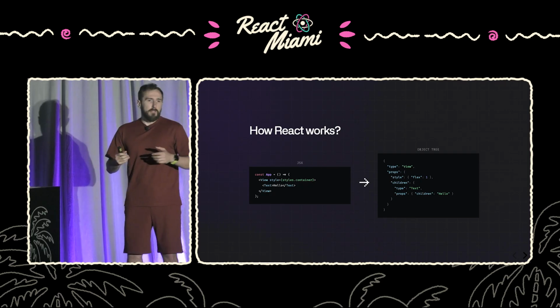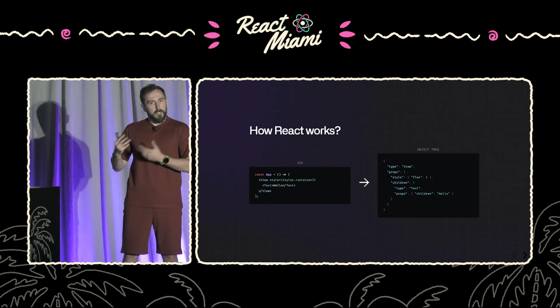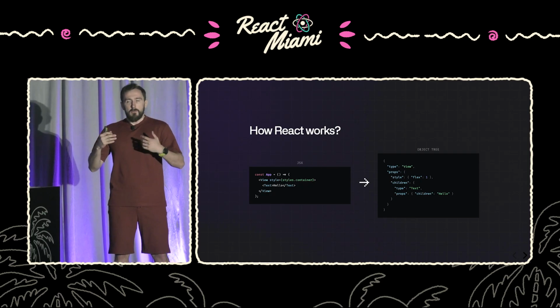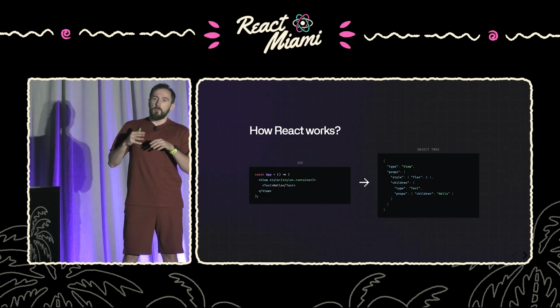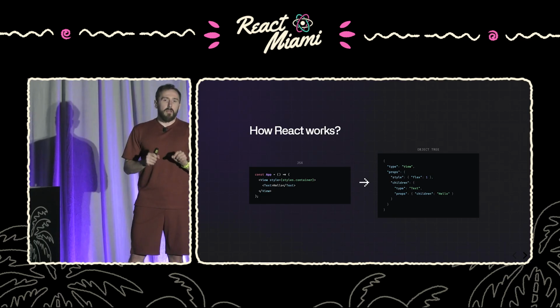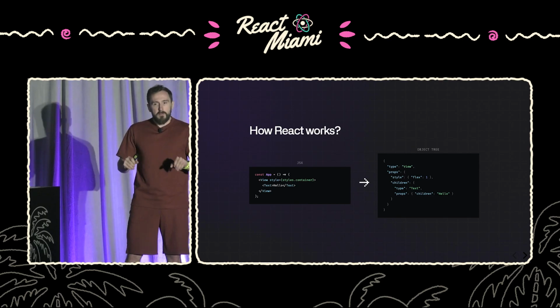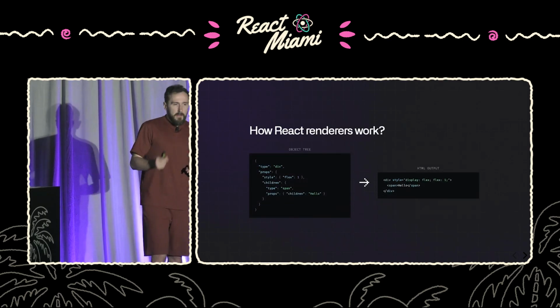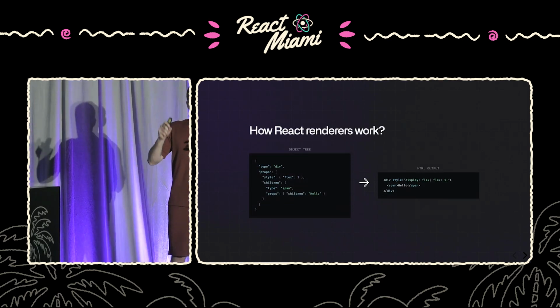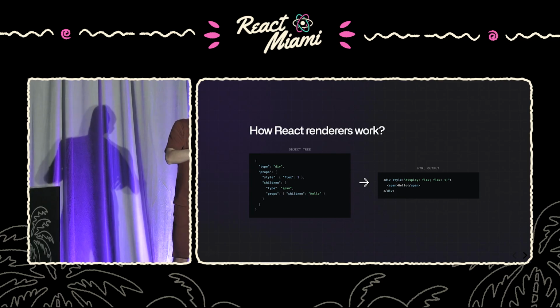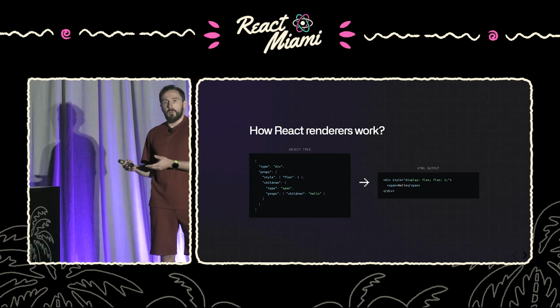So we can say that React is basically converting our custom components into some kind of representation, including only host elements, those primitives of a given platform. And then it is the work of renderers to take this blueprint and convert it into native UI.